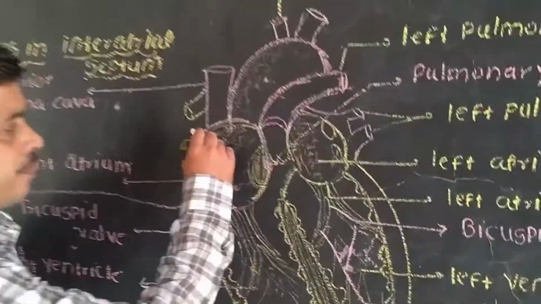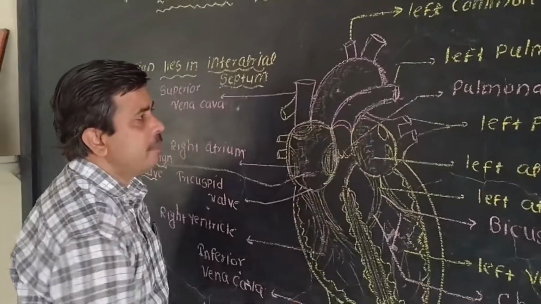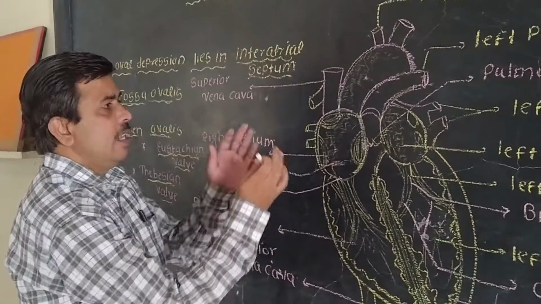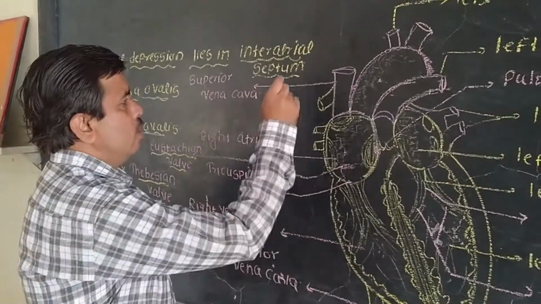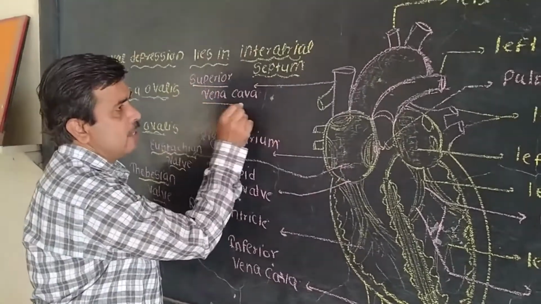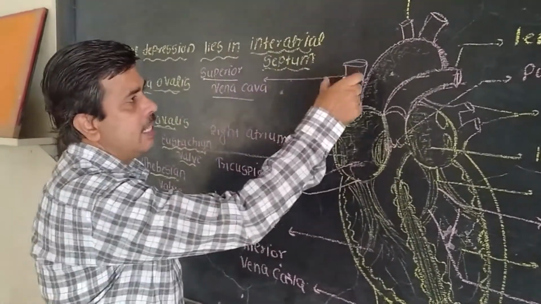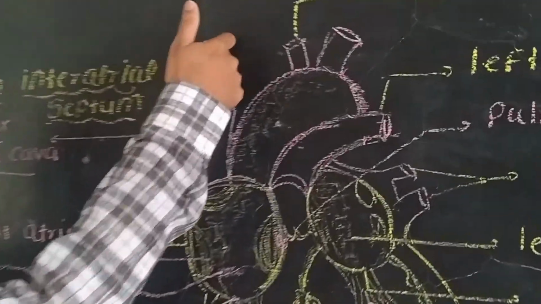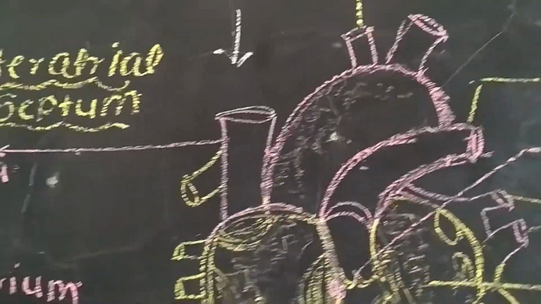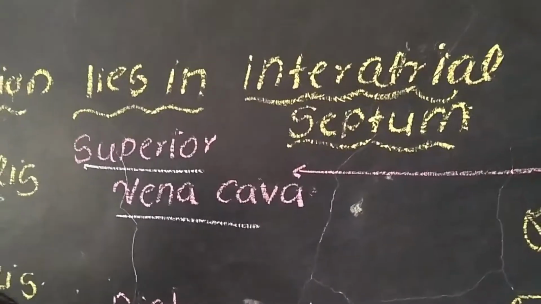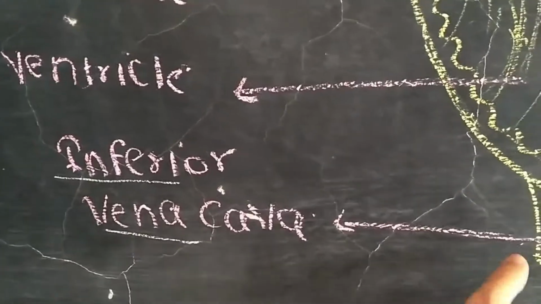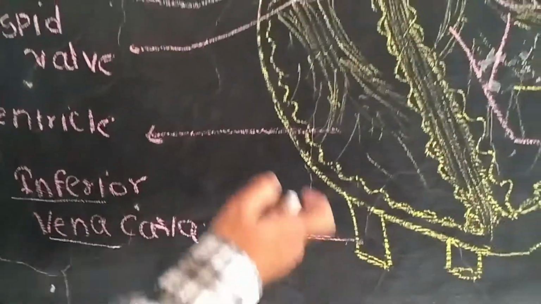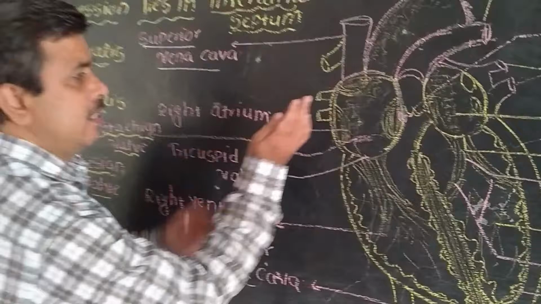Okay. Now here, in these two atria, three large blood vessels are present. That is the superior vena cava, which collects the deoxygenated blood from the upper part of the body, then the inferior vena cava, which collects the deoxygenated blood from the lower part of the body, and the coronary sinus.